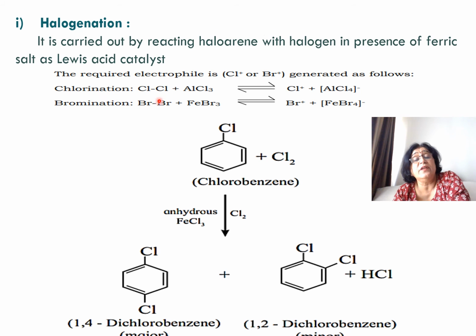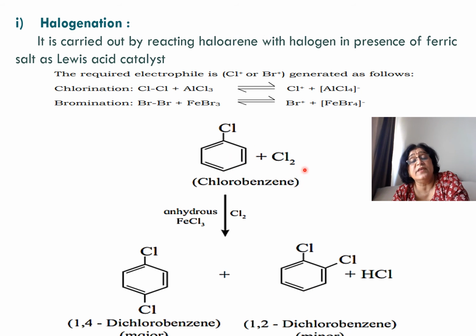So in chlorination, when chlorine reacts with AlCl3, this chlorine breaks heterolytically and Cl+ and Cl- are formed. So Cl+ is generated and Cl- gives its electron to AlCl3, which is a Lewis acid, and it forms AlCl4-. Clear? So this chloronium ion generated attacks the ring and dichlorobenzene is formed.